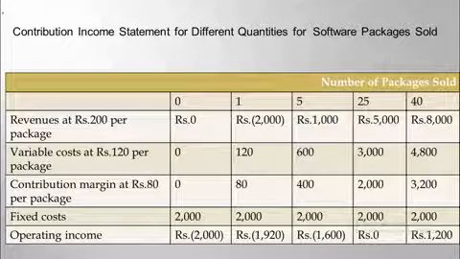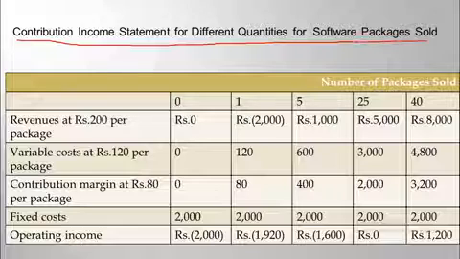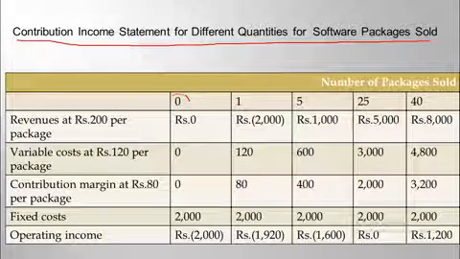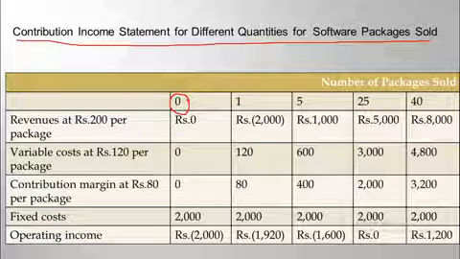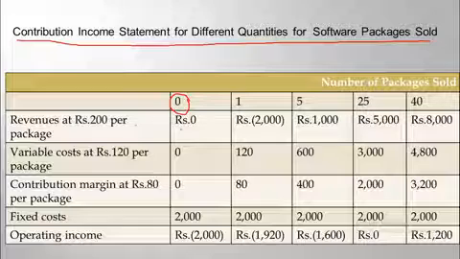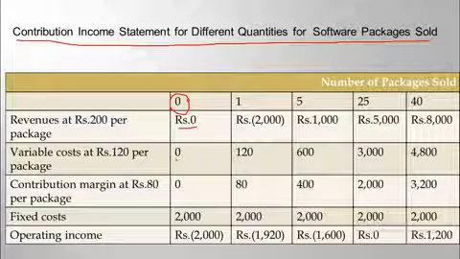So here, if you see, this is the contribution income statement for the different quantities of software packages sold. Suppose the IT company sold 0 packages. In that case, there would be 0 sales. Variable cost would be 0 as there is no sale.